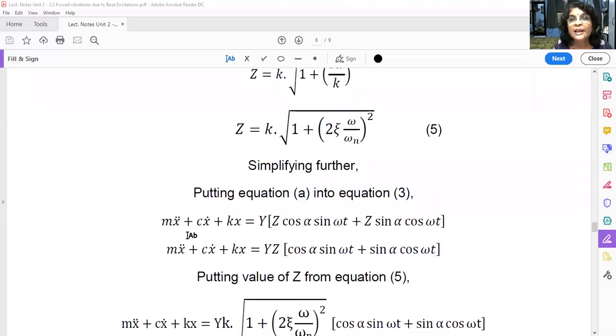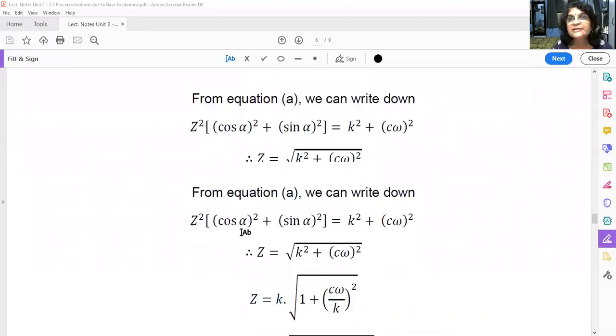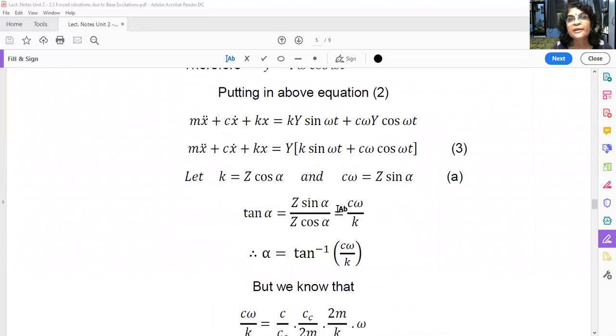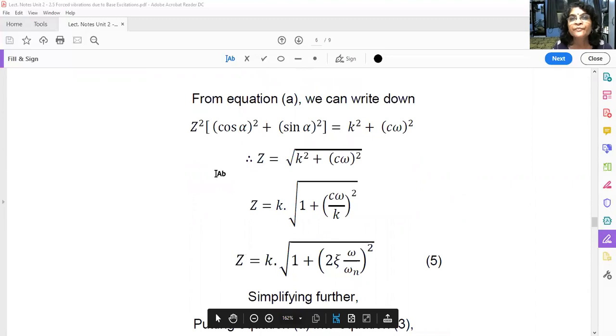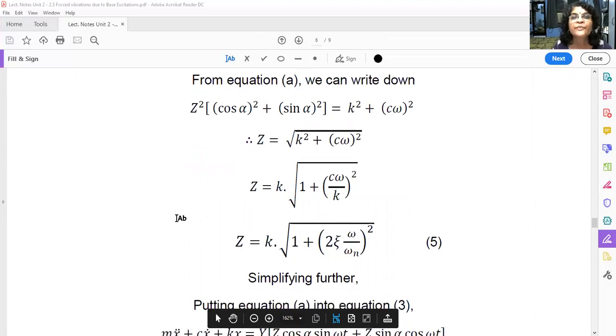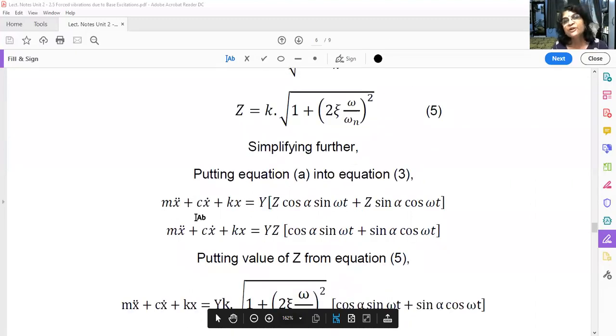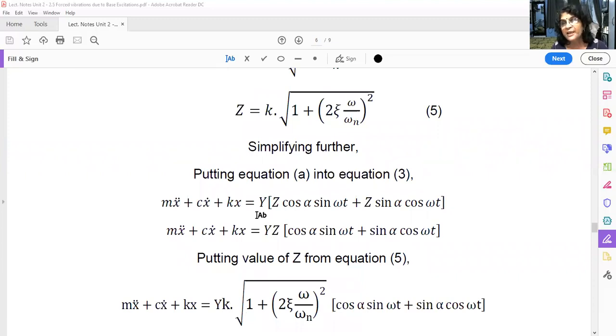Consider this equation now, equation number 3. As I told you, the left hand side will remain as it is. Here you have to put the value of k and c omega. So what we will get: mx double dot plus cx dot plus kx is equal to y as it is, into bracket z cos alpha into sine omega t plus z sine alpha into cos omega t.